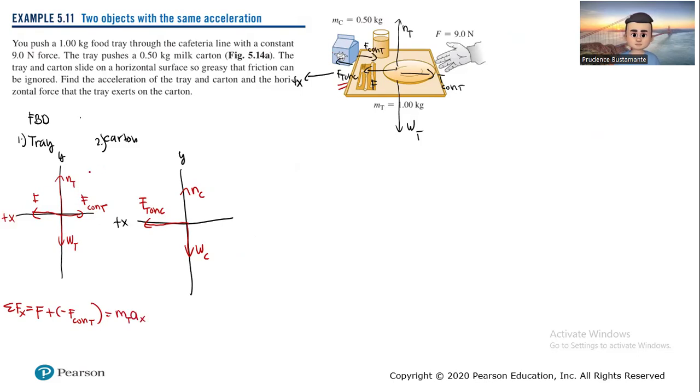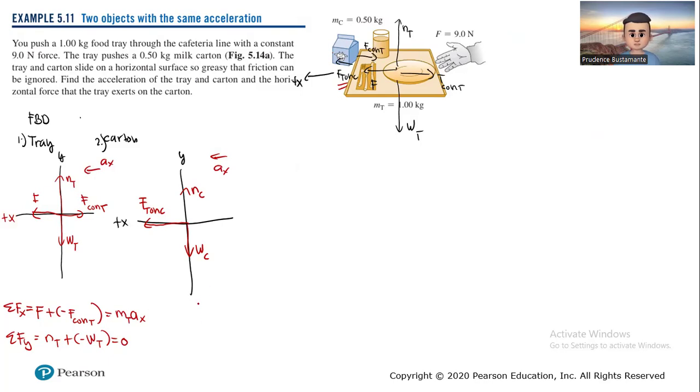Both are now accelerating with the same acceleration. For the Y, the normal force of the tray plus the negative weight of the tray is equal to 0, because it's not accelerating along Y.